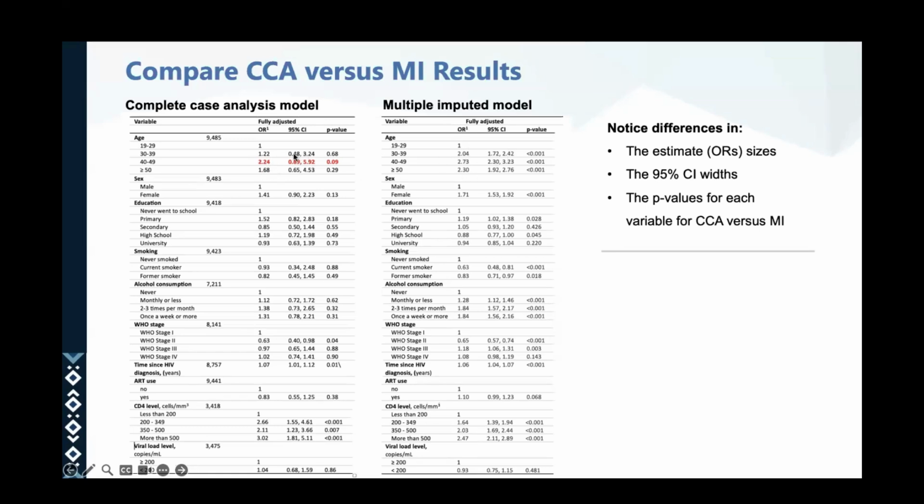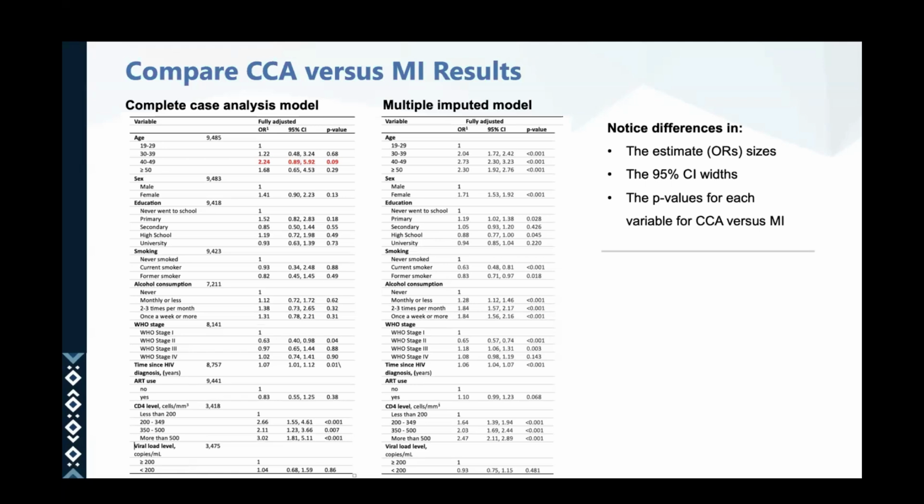Notice here also the confidence interval widths. They are very wide here. You have 0.48 to 3.24. Here, it's much tighter. So you see, it starts from 1.72 and then 2.43. So the confidence interval has come closer, which means the results are more precise.